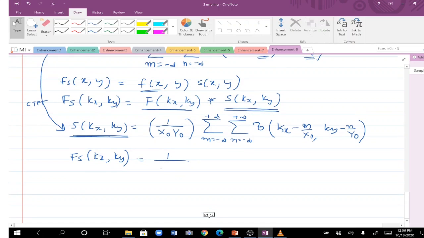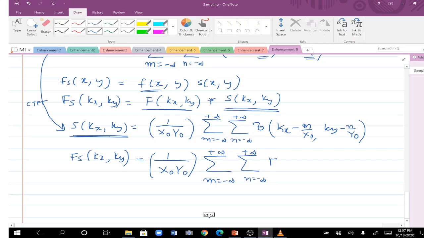So the multiplication factor of x naught y naught would come out. Then let me first keep the summations here, m varying from minus infinity to plus infinity, n varying from minus infinity to plus infinity.